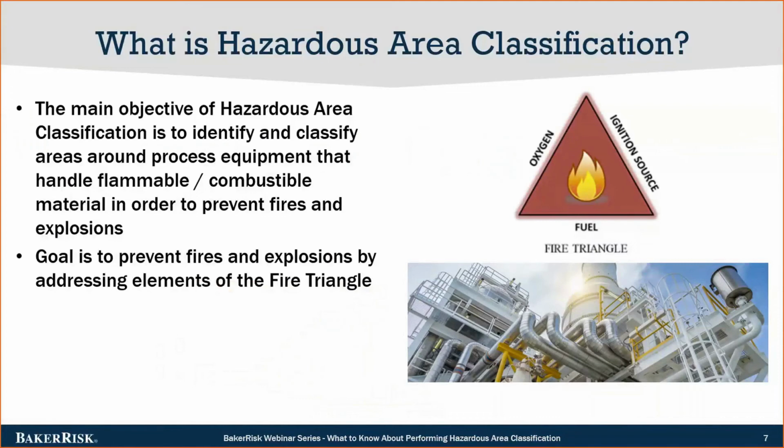A good analogy is to look at the fire triangle on the right-hand side of this slide, where we're showing an ignition source, fuel, and oxygen. By having all 3 of these legs of the triangle stand, we will sustain a fuel ignition condition. And obviously, the goal is to prevent fires and explosions by addressing the elements of the fire triangle.